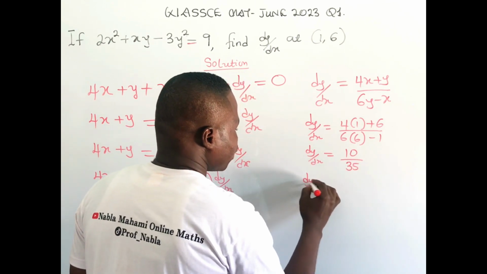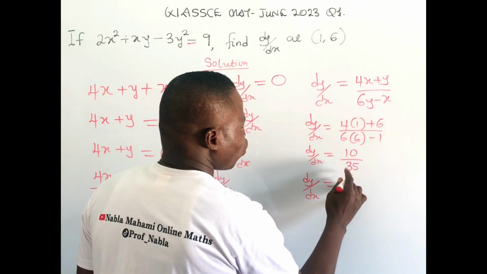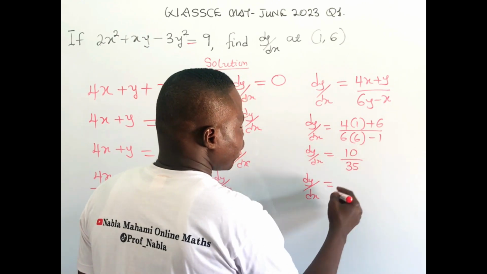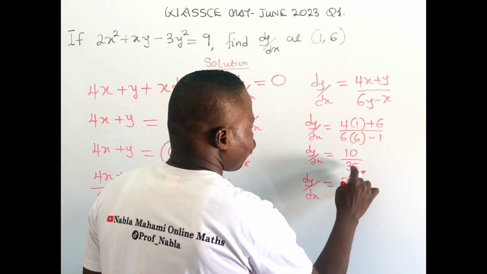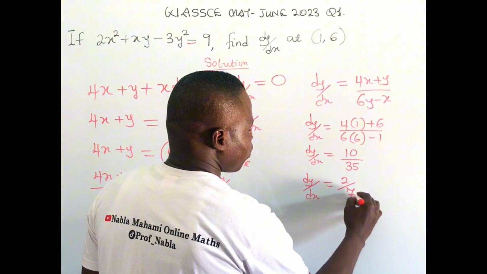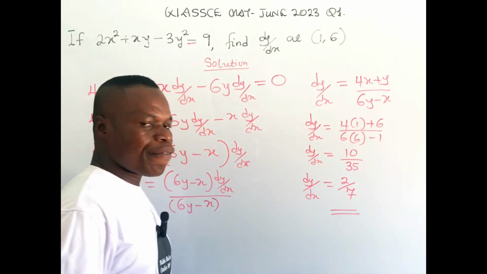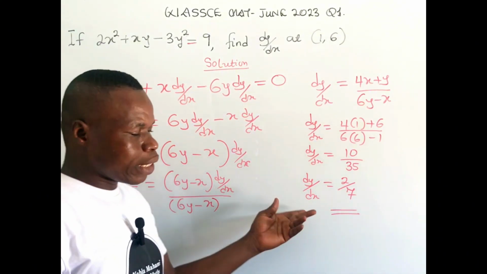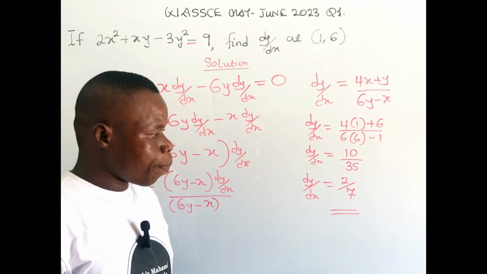Then we can continue by saying dy dx is equal to 5 into 10, 2. 5 into 35, 7. So you can see that my final answer for dy dx will be 2 over 7.